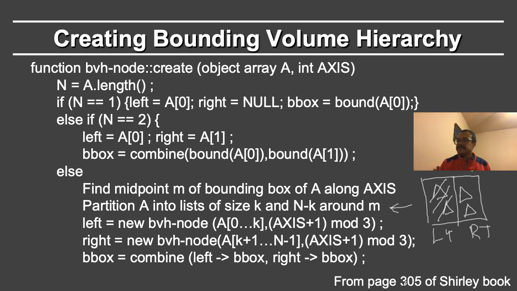And you create the left and right BVH nodes. Notice that because this axis was now split along the vertical axis, when you look at this region or this region, we will now do the next split along the horizontal axis.